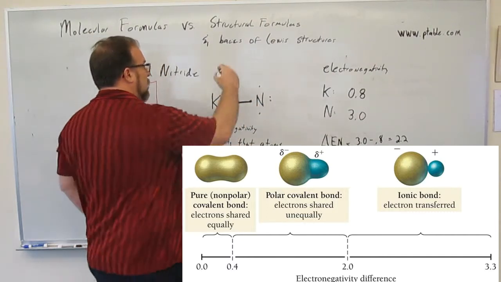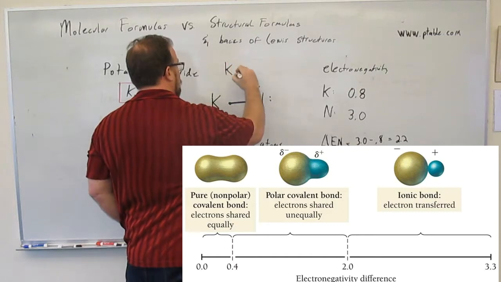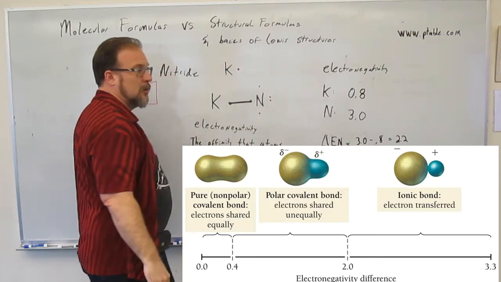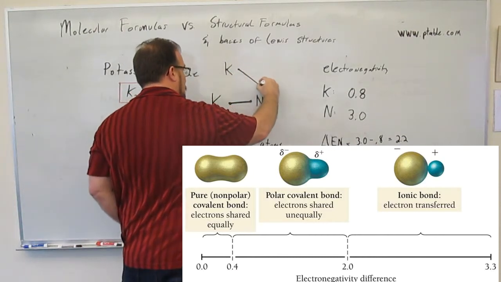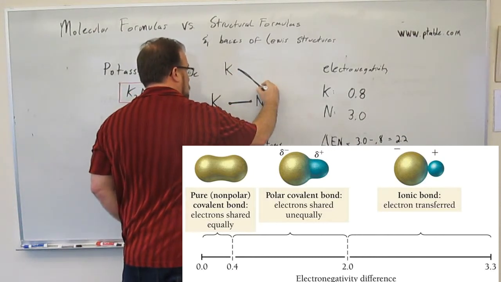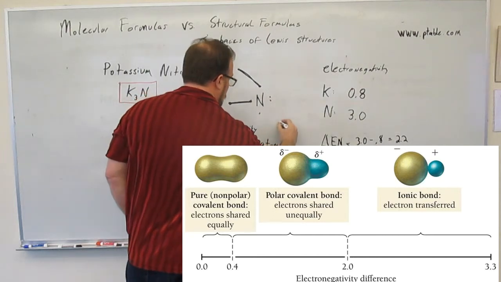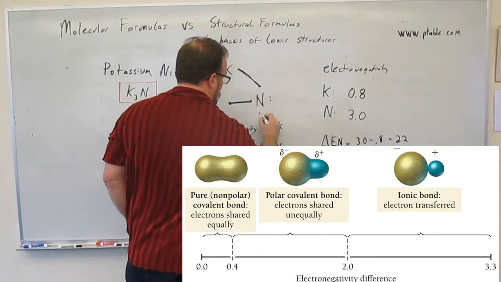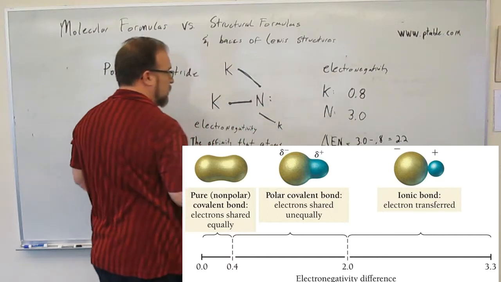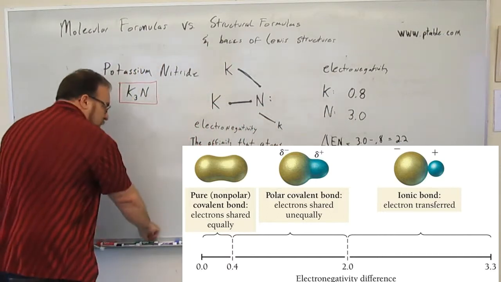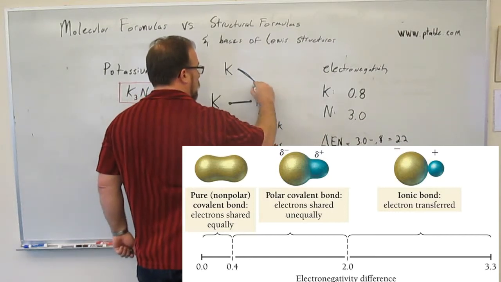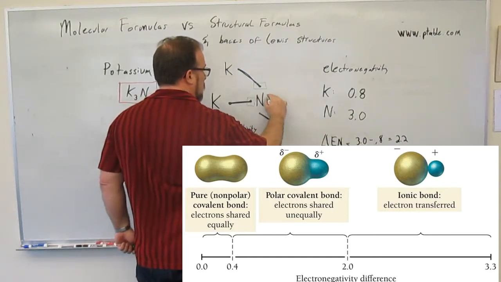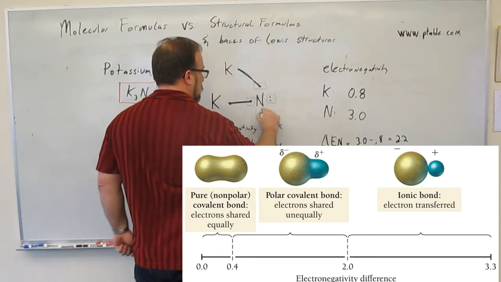In fact, if you have another potassium floating around with one electron in its outer valence shell, this guy is going to form a bond with this guy. And then if I have another potassium over here with one electron, he's going to form a bond like this. Remember those green boxes I showed you? The rule of the green boxes is that no more than 2 electrons can occupy those green boxes.